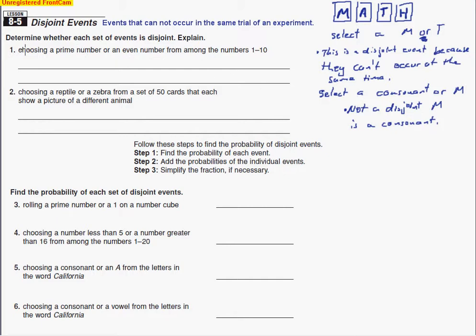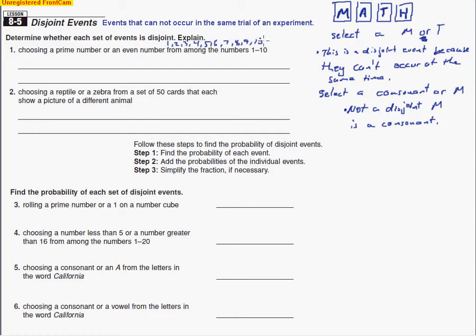So let's take a look at this one here. Choosing a prime number or an even number from among the numbers 1 through 10. Let's write down some numbers here: 1, 2, 3, 4, 5, 6, 7, 8, 9, and 10. Even numbers are ones that 2 goes into. Here's an even number, 10. Well, that's not prime, because 2 goes into it and 5 goes into it.